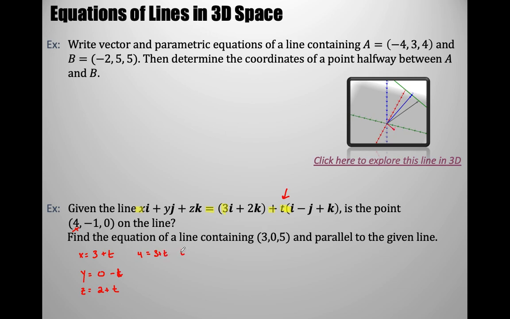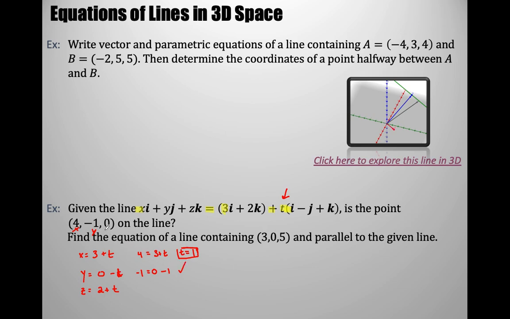Therefore, t is equal to what? t is equal to 1. So the same t has to make everybody get me to the same place, in each direction. So if t is equal to 1, look at the y value I was given and put that in here. So y, I was given negative 1. Is that equal to 0 minus 1? Well, yeah, that works. So I'm feeling pretty good.